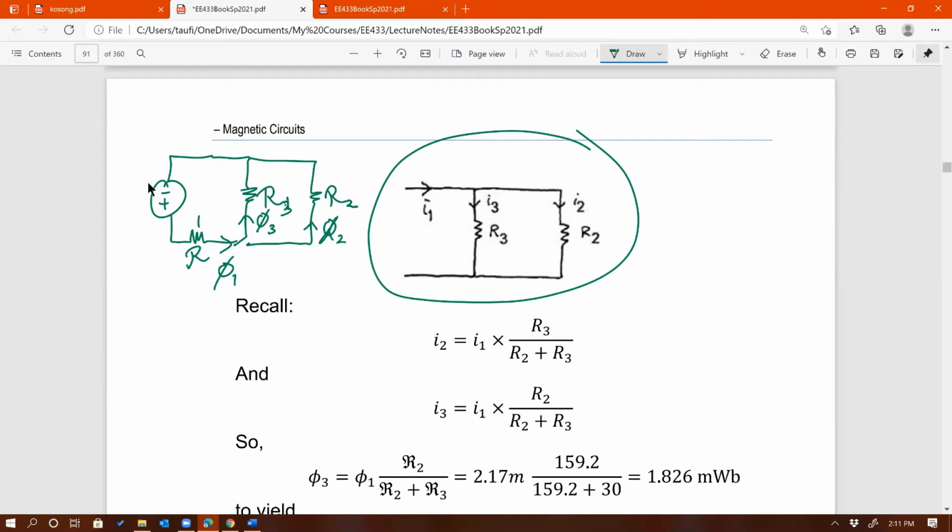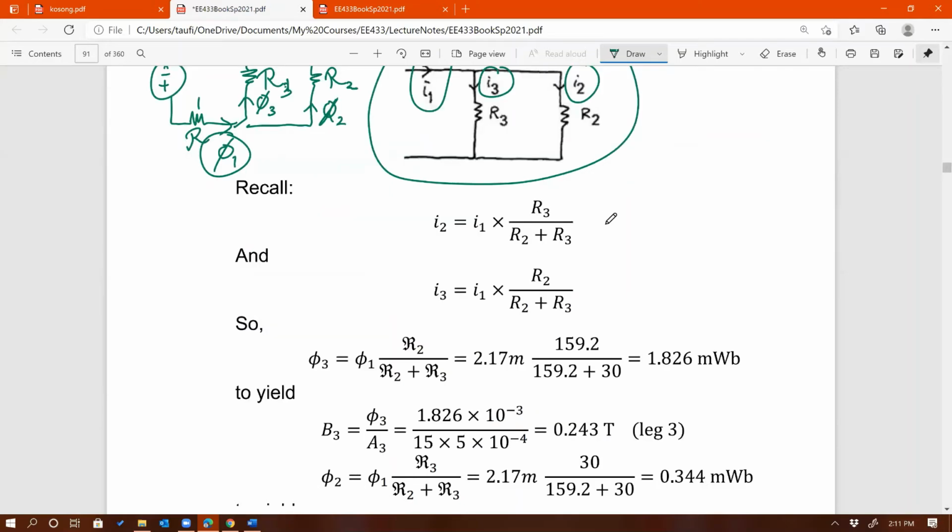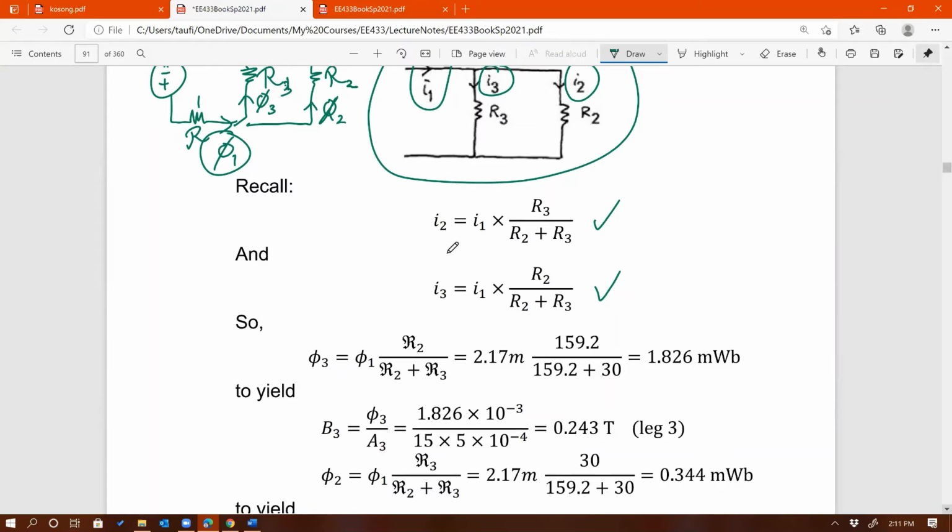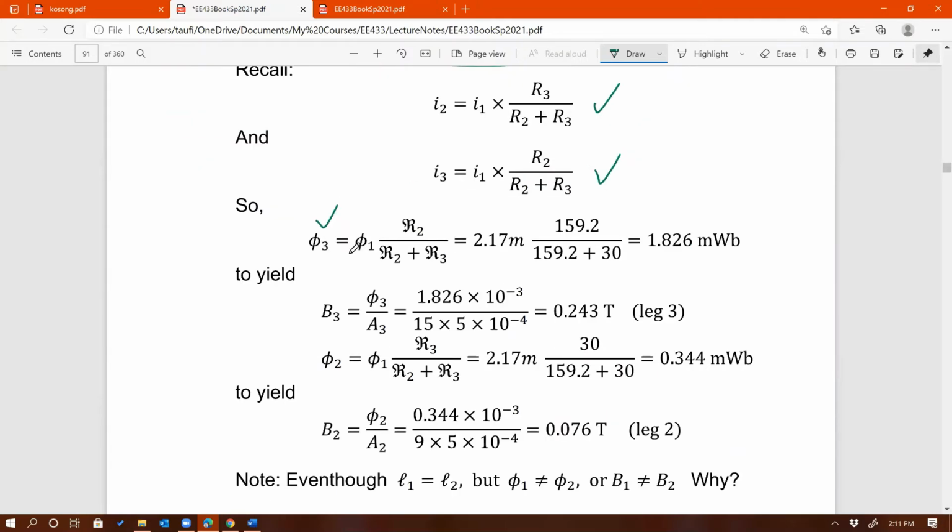So if we have a total current I1, in our case flux 1, and it splits into two different paths, let's say I2 and I3, then I could apply current division to find I2 and I3 right there. That's what I did right here: I can find flux number 3 using the current division, quote unquote.